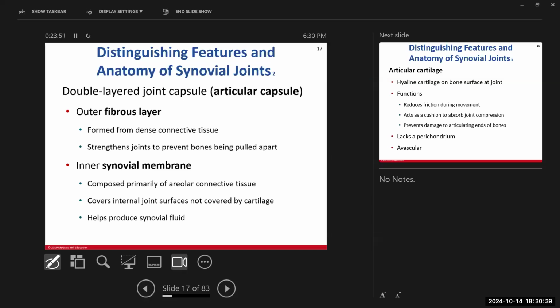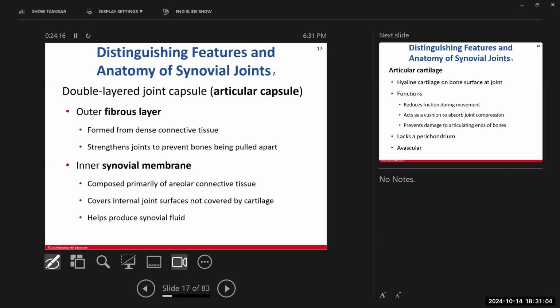On the inside of our outer fibrous layer, we have the inner synovial membrane. It's made up of a loose connective tissue, areolar connective tissue. It's going to line the entire inside surface of the joint, except where you see articular cartilage.